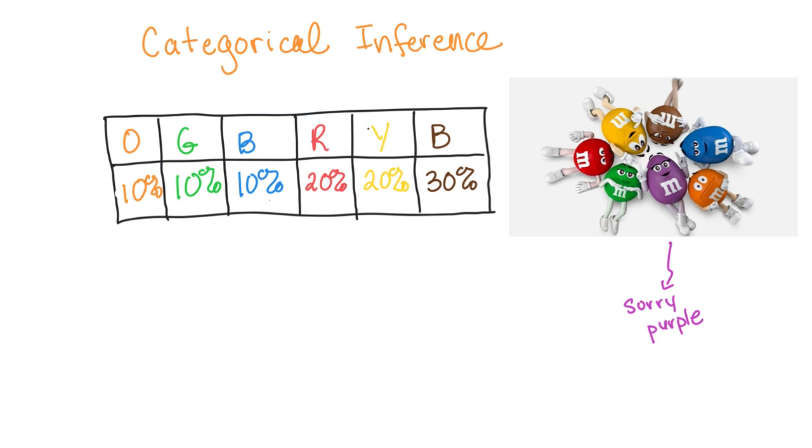But I just looked up the most recent data I could find on the proportion of M&Ms: 10% orange, 10% green and blue, red and yellow both came in at 20%, and brown is coming in at 30%. Actually, M&M Mars is pretty tight-lipped about their actual proportions.